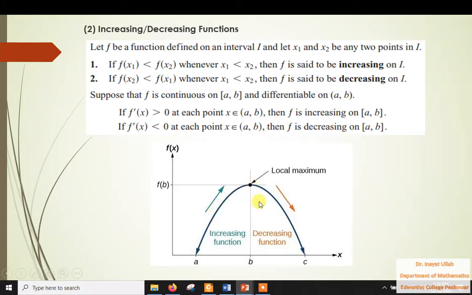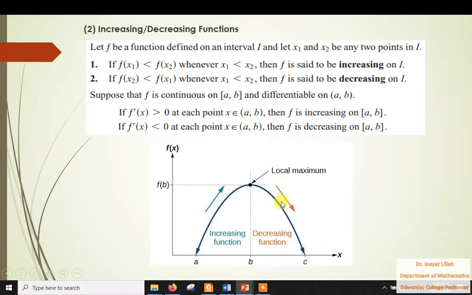And from x equal to b up to x equal to c, we see here that this function is decreasing from here up to there. If you draw any tangent line here or there, all those tangent lines make an angle greater than 90 degrees with the x-axis.